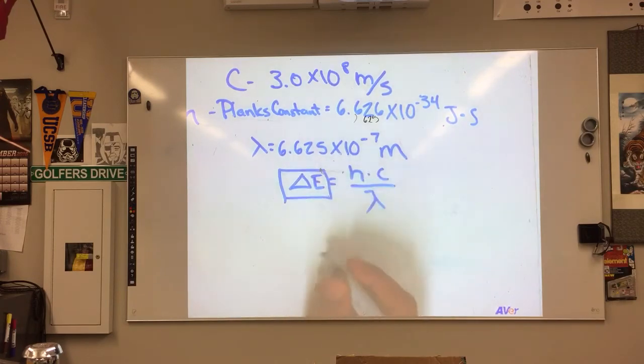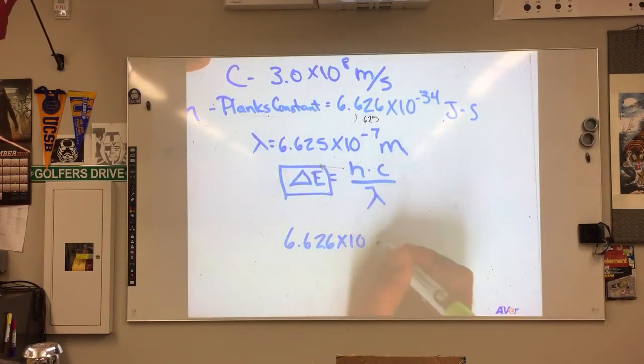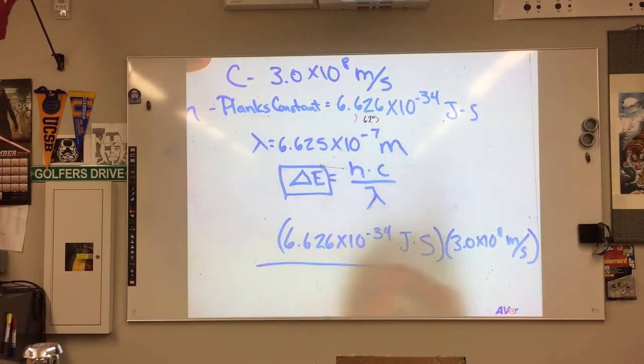So we're going to multiply Planck's constant times the speed of light, 3.0 times 10 to the 8th meters per second. And we will divide this whole thing by our number, which is 6.625 times 10 to the negative 7. And we will solve for this.